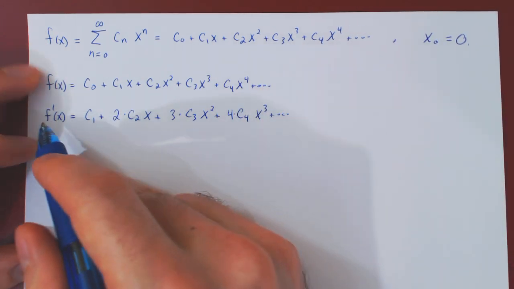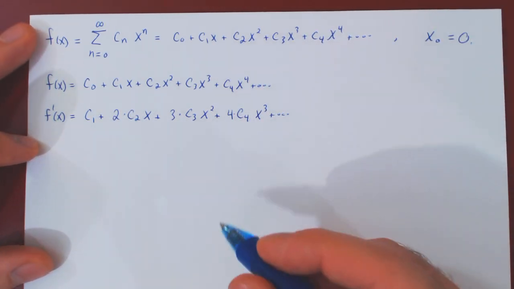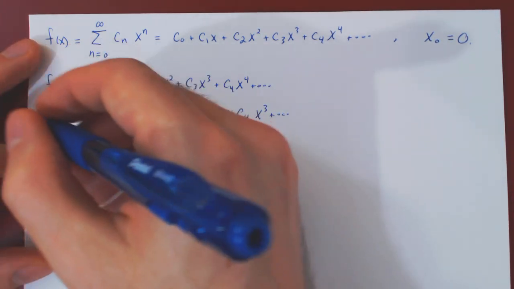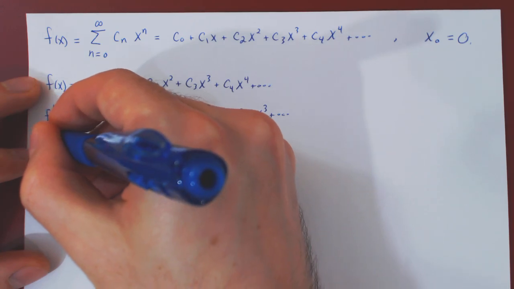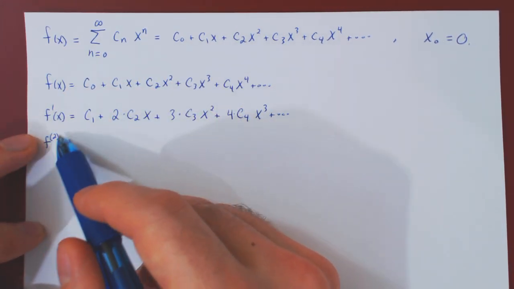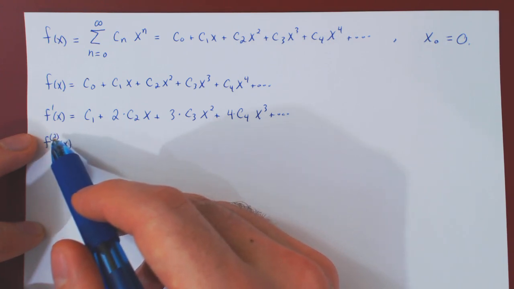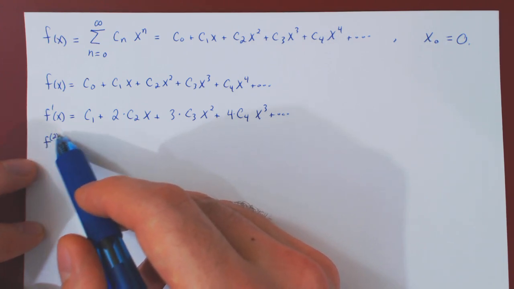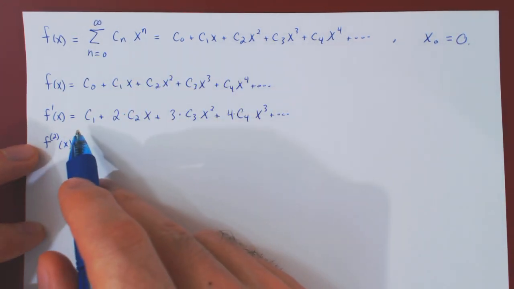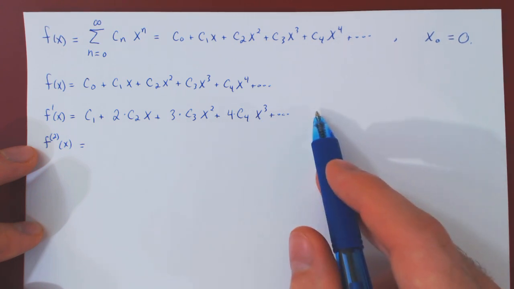Well, if we differentiate the derivative, we will have, of course, the second derivative, which we can write as f double prime, or f with a 2 in parentheses as the exponent. Without the parentheses in the exponent, this would be f squared, but with the 2 in parentheses, this means the second derivative of f of x. So let's differentiate now this new power series, again term by term.